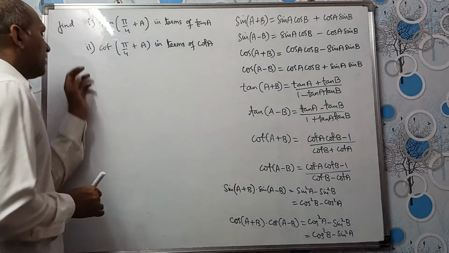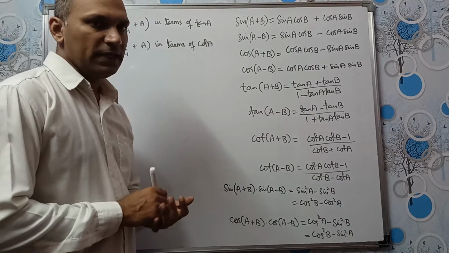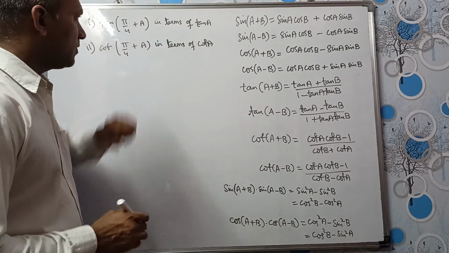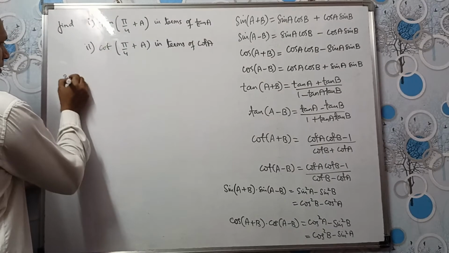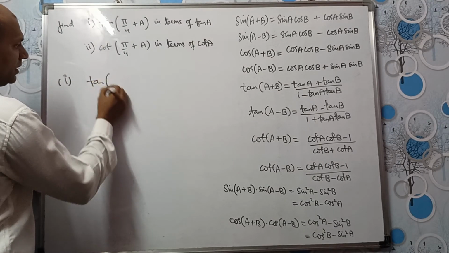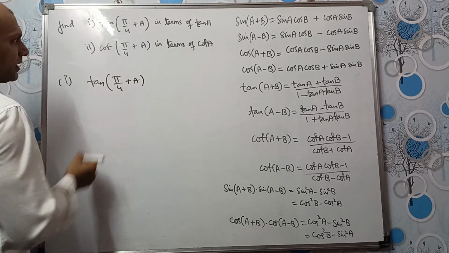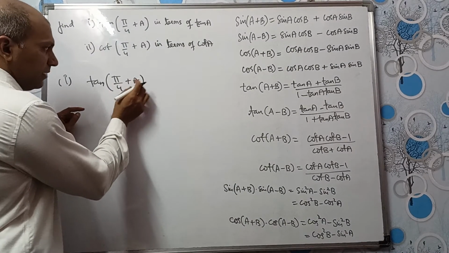Okay. We have a very easy problem now. Find tan pi by 4 plus a in terms of tan a, and find cot pi by 4 plus a in terms of cot a. This is tan pi by 4 plus a. We need to find tan pi by 4 plus a in terms of tan a. So this is like tan a plus b, right?